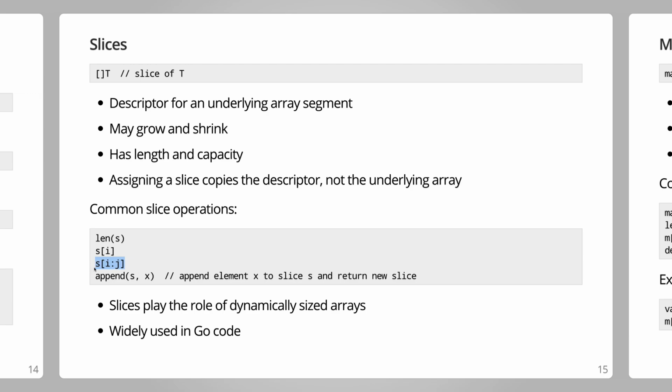So if you assign that to another variable, say m, then that would allow you to access only part of the original slice s. And there's a special function, append, that takes the slice as the first argument and another element that you want to add to the slice.